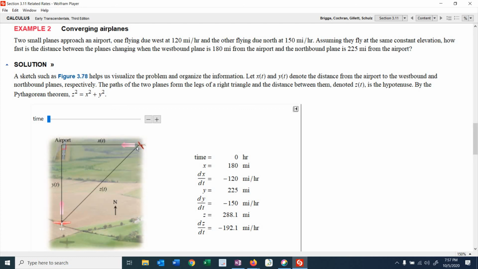So the rate of change in the distance between these two planes right at that moment in time is negative 192.1 miles per hour, and the negative indicates that the distance between the planes is decreasing as time increases, okay, which it obviously is, right? This distance is going to decrease as time gets larger because both of these planes are getting closer to the airport, and therefore this distance is getting smaller.